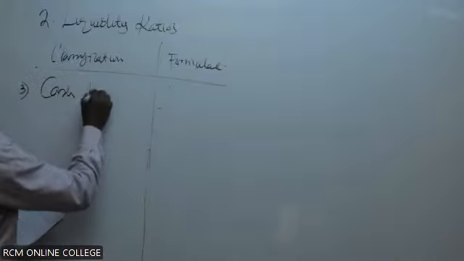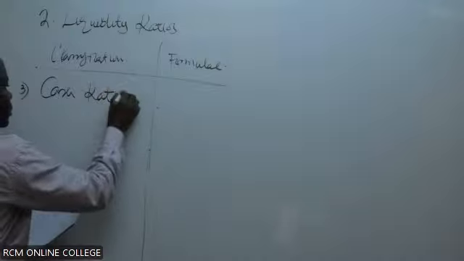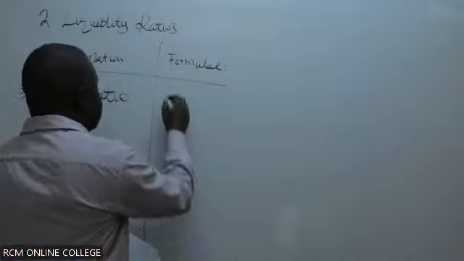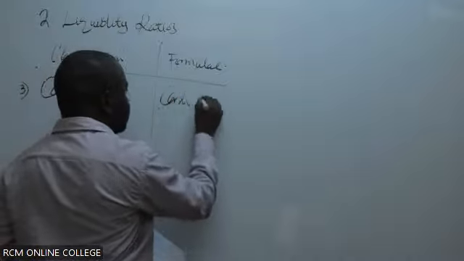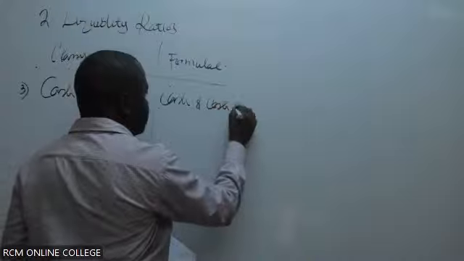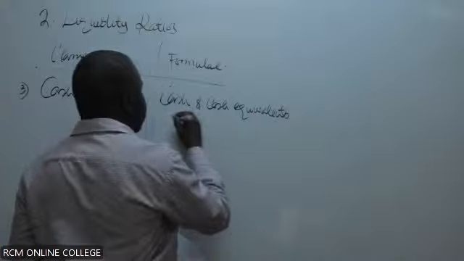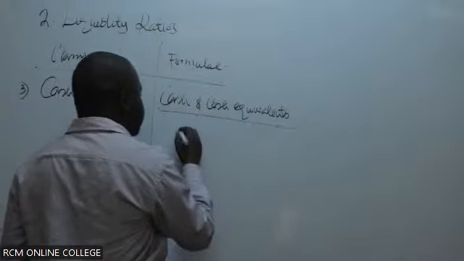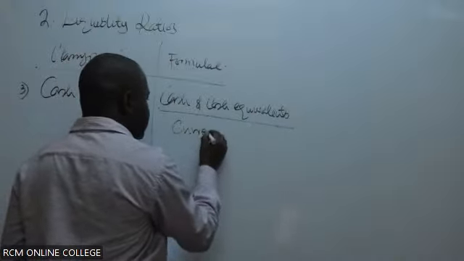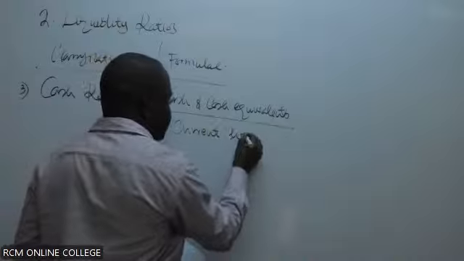For the cash ratio, you take cash and cash equivalents, and you divide by the current liabilities.